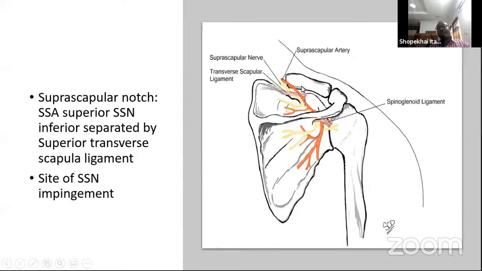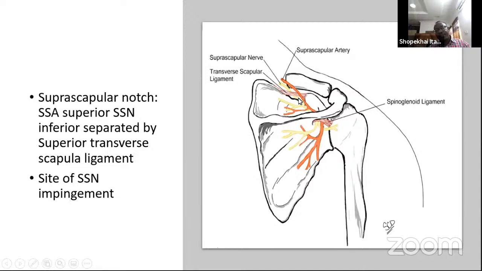When you have impingement of the suprascapular nerve at this point, it leads to pain and affectation of both the supraspinatus muscle and the infraspinatus muscle.